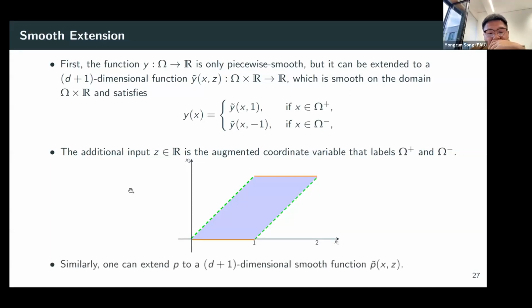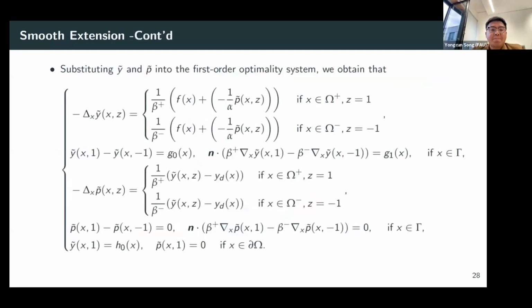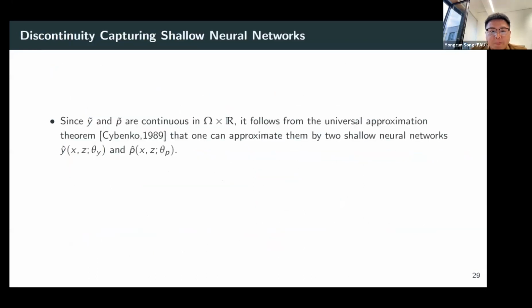And similarly, one can extend p to a d+1 dimensional smooth function p tilde. Then we substitute y tilde and p tilde into the first order optimality system, and we obtain that y tilde and p tilde satisfy this system. Because y tilde and p tilde are smooth functions, we can use neural networks with smooth activation functions to approximate them, and then PINNs can be applied.